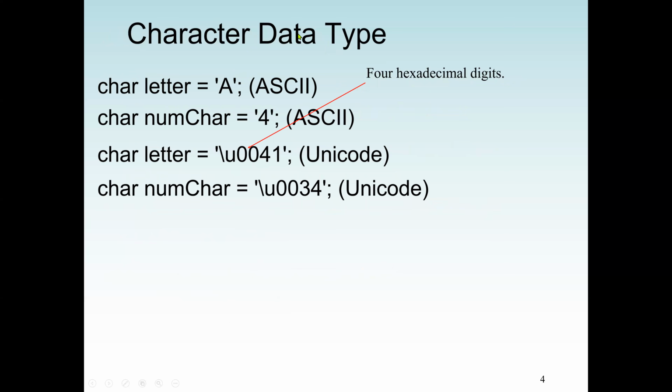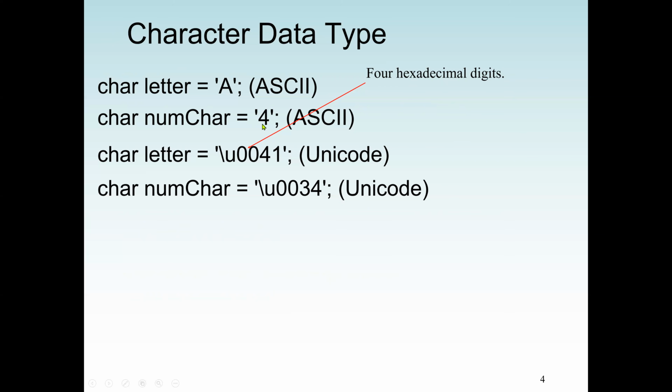So, for the character data type, again, for example, we have a variable named letter. The data type is char. We assign uppercase A in single quotes. Normally, as we all know, in computer systems we use the ASCII numeric system or standard. The same thing applies to the second variable, numchar.